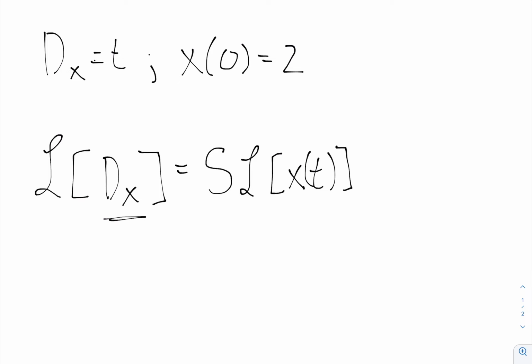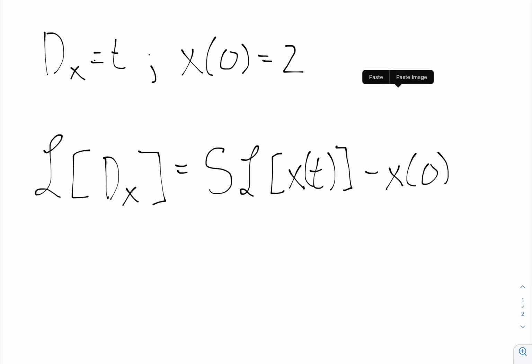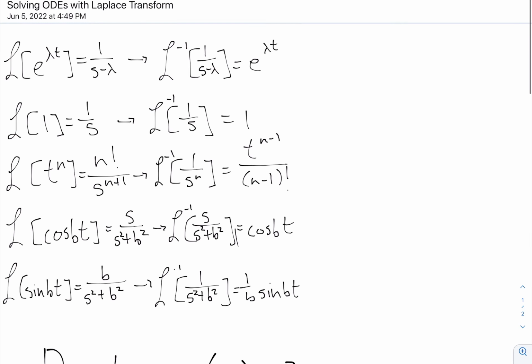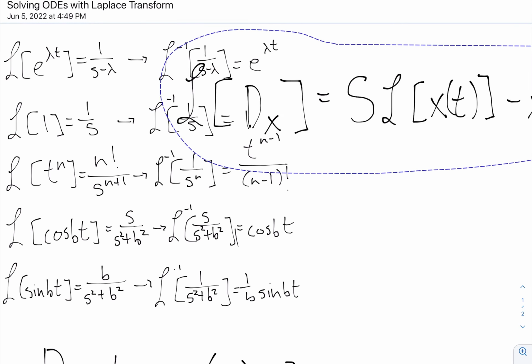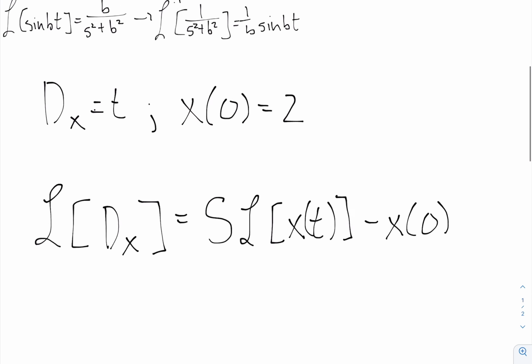So if this is the derivative of x of t, that's going to be equal to s times the Laplace transform of x of t minus the initial condition x of 0. That's why we need this part, because it's part of our formula. I'm going to paste it right here, make it a bit smaller. It's going to be part of our table. Okay, and that's all we need to know for this question.